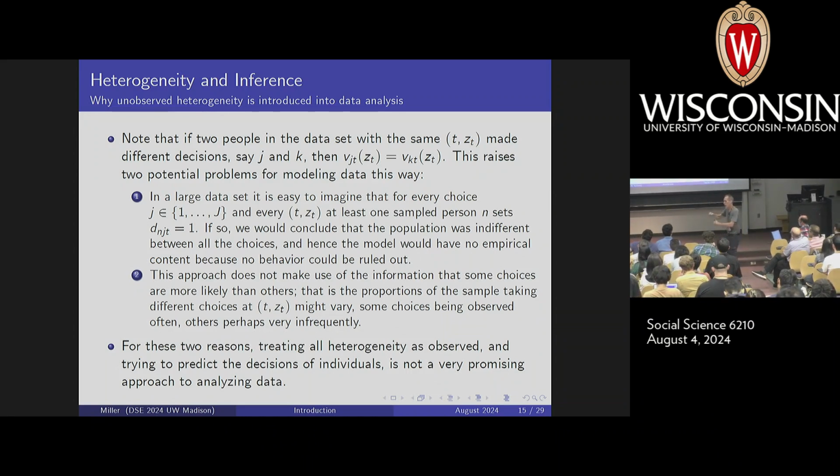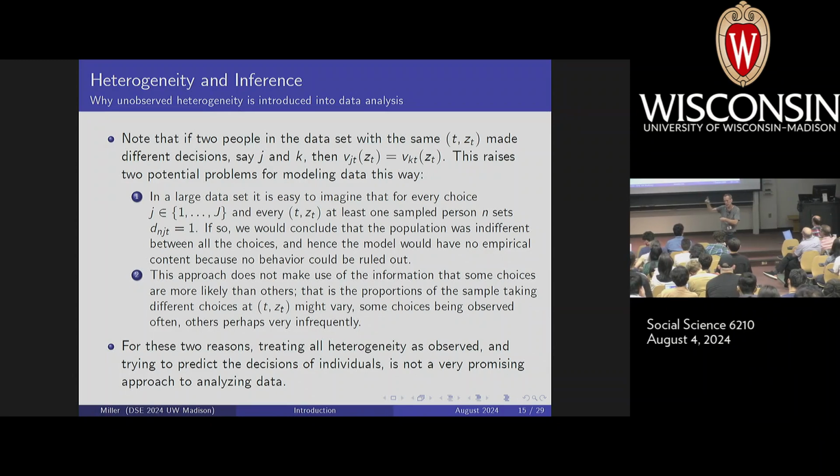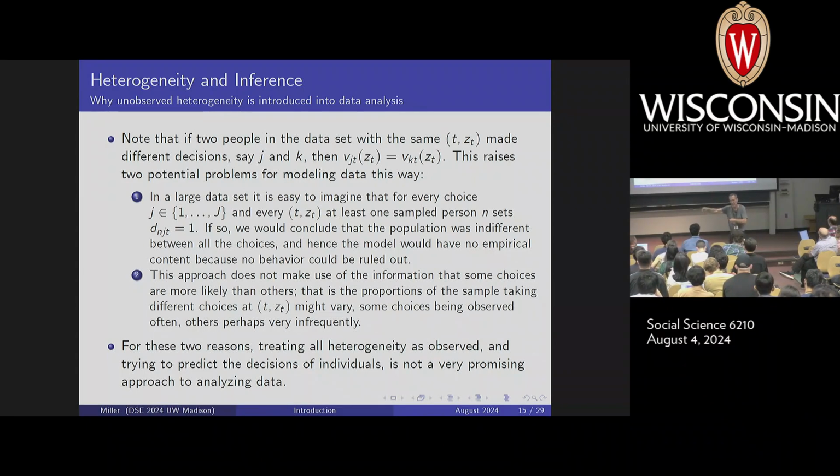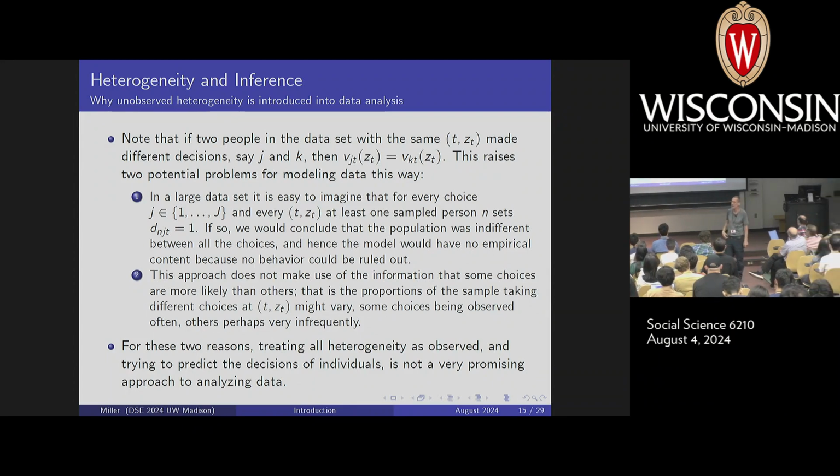Now think about this data set that we have. We've got all the heterogeneity. We're seeing people make different choices, but they're making different choices sometimes when they have exactly the same z's. Actually, for a large data set, you'd probably observe everybody making every possible choice at every possible z.